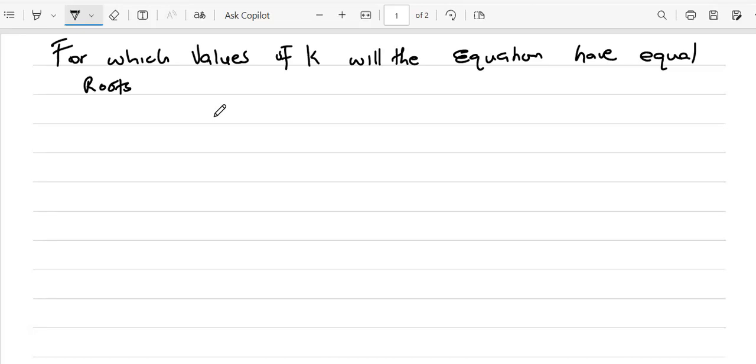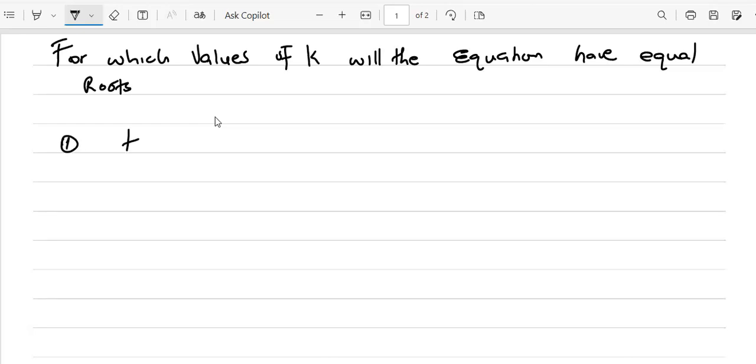Second, you have to sub in your correct values and calculate the discriminant. Remember, find your ingredients: the value of a, the value of b, and the value of c. Then you equate the discriminant to 0 and solve for k. Let's do the first example.